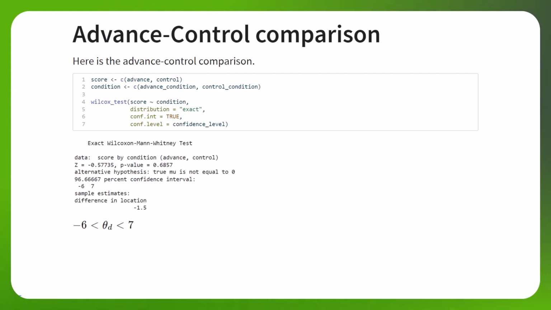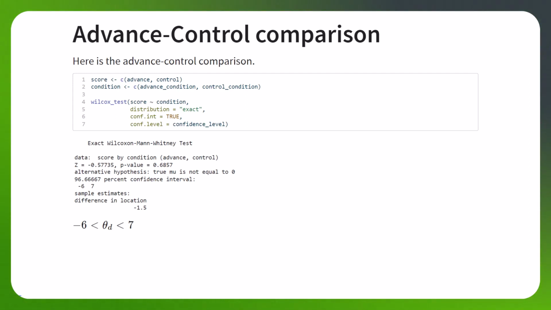So I end up with a confidence interval here that tells me, when I compare the advanced metaphor condition to the control condition, focusing on the median difference. Remember, the median difference is estimated by our Hodges-Lehmann estimate. If you do not know about that, go back and watch previous videos where I mention the Hodges-Lehmann estimate.